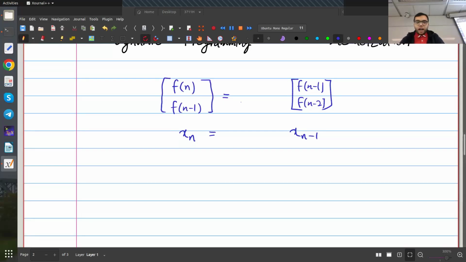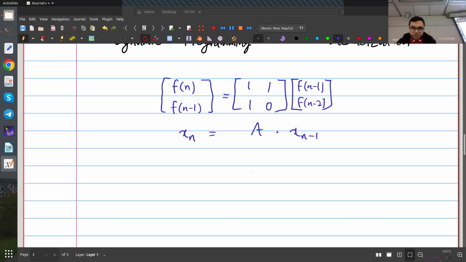So I want to find a matrix that I can multiply here so that this equality holds. I know that f of n is supposed to be f of n minus 1 plus f of n minus 2, so I can put just 1, 1 here. And f of n minus 1 is just f of n minus 1, so I can put 1, 0 here. Okay. So this is just another way of writing that f of n is equal to f of n minus 1 plus f of n minus 2. Now let me call this matrix A. So what I have here is x n is equal to A times x n minus 1.